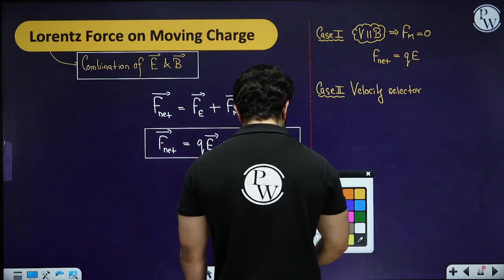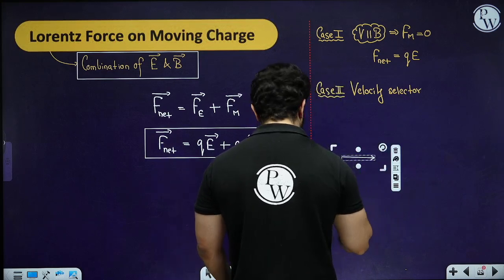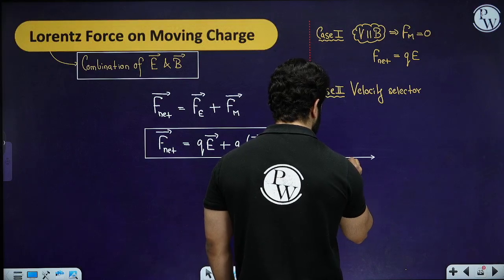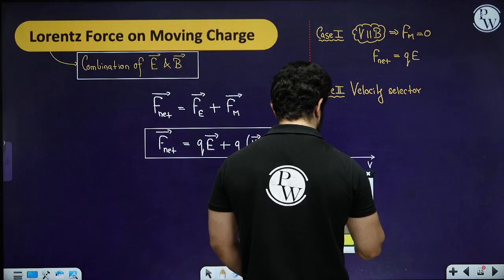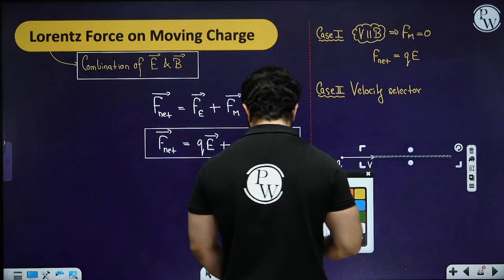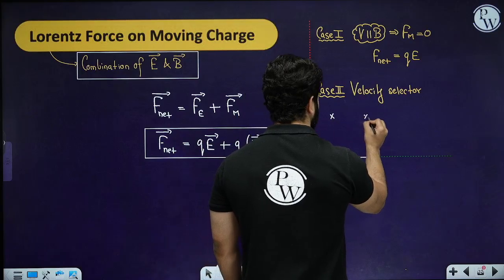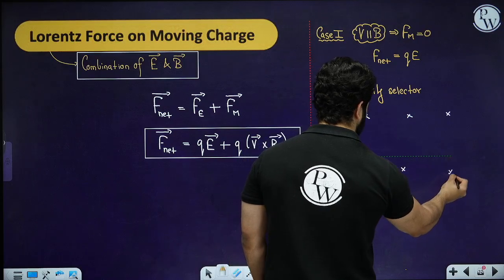Let's suppose we have a charged particle which is moving like this, and we want this charged particle to move undeviated. Also, let's suppose that the magnetic field is something like this.